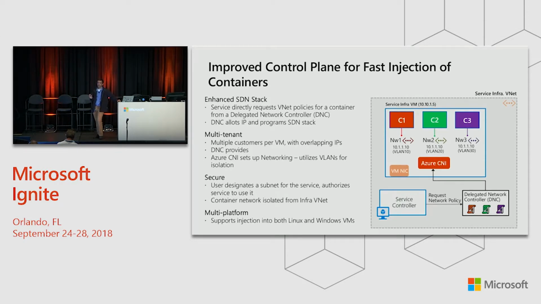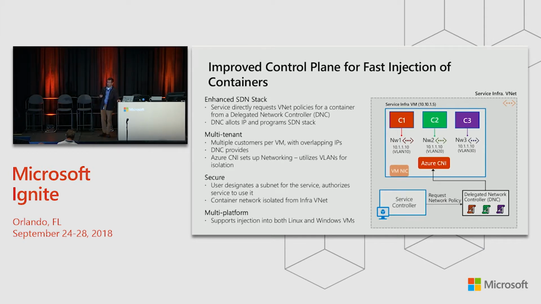We have something called the Delegated Network Controller, which is a new component. That component has a snapshot of all the different networks into which containers are going to be injected. It's almost like caching all the network states, right? So whenever a container comes up, the service requests networking directly from the DNC, as we call it, and the DNC allots an IP address, right?